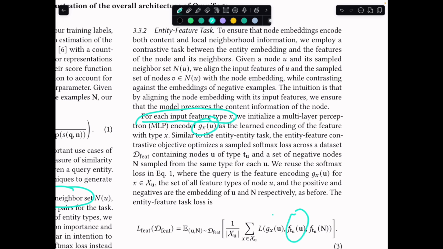And then they compare this GXU with the output embedding. So this is a positive example. For a negative example, they just randomly sample entities of the same type. They argue that in this way, the content input features are well preserved in their output universal embedding.